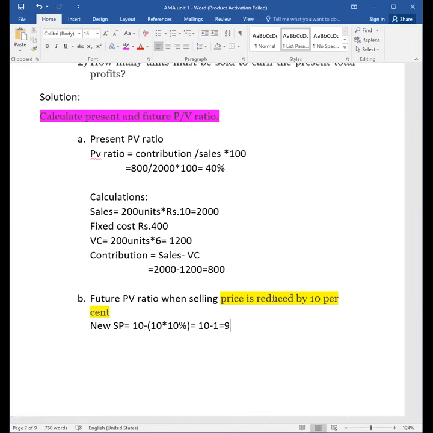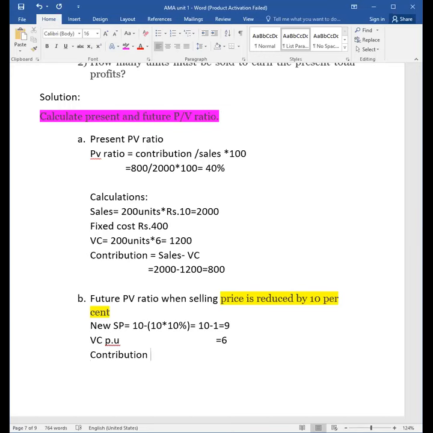So your variable cost is how much? Variable cost per unit is 6 per unit, and it is going to remain the same. Then your contribution is going to change, right? Because there's a change in selling price, there will be a change in contribution. That's what we said: there's a relationship between these three.